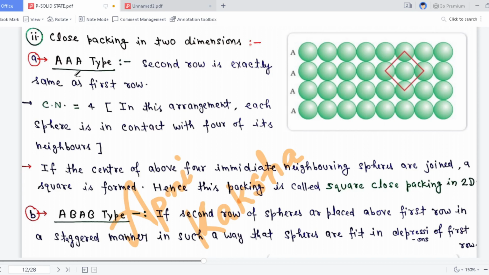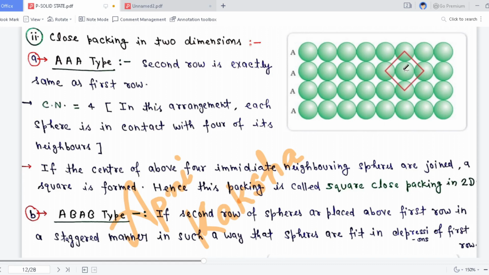So right here we have AAA type packing. In this, the second row is exactly the same as the first row. So how does this work? As you can see in this diagram, you have this particle.